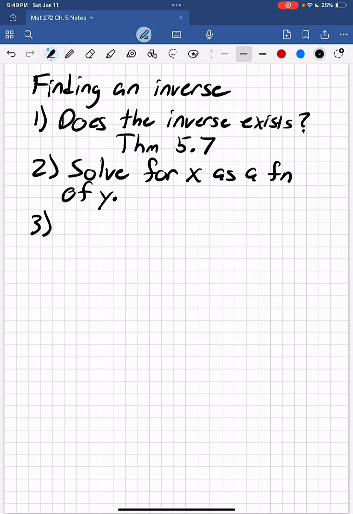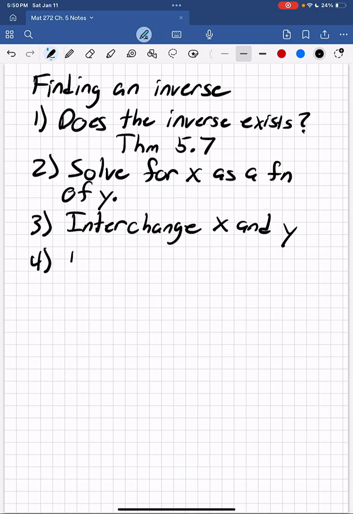Then we'll interchange x and y. We'll define the domain. And then the last thing is we'll verify.